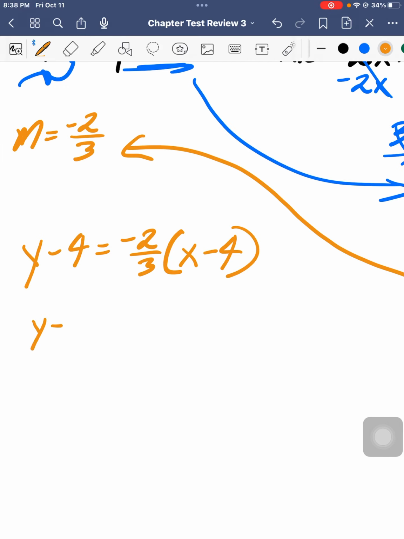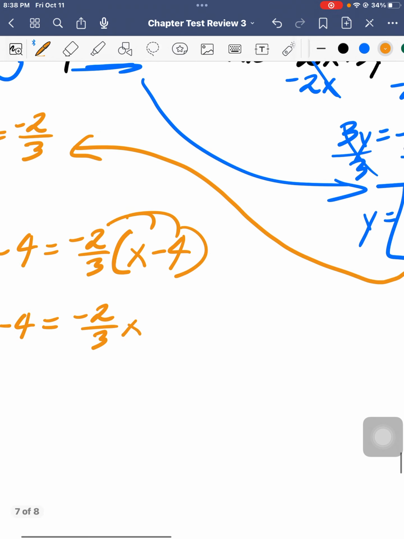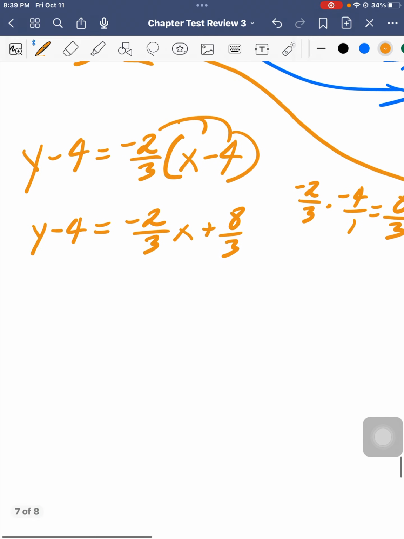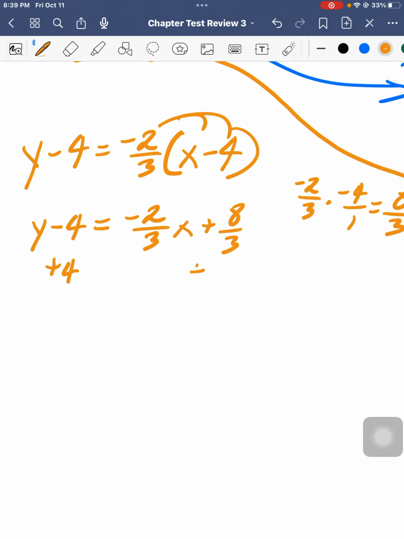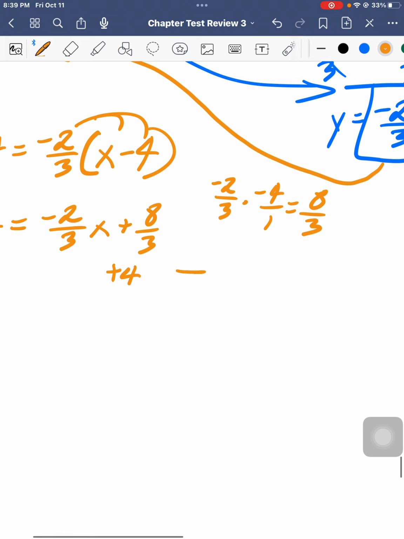What is negative 2 over 3 times negative 4 over 1? That is 8 over 3, plus 8 over 3. We're going to add 4, add 4.